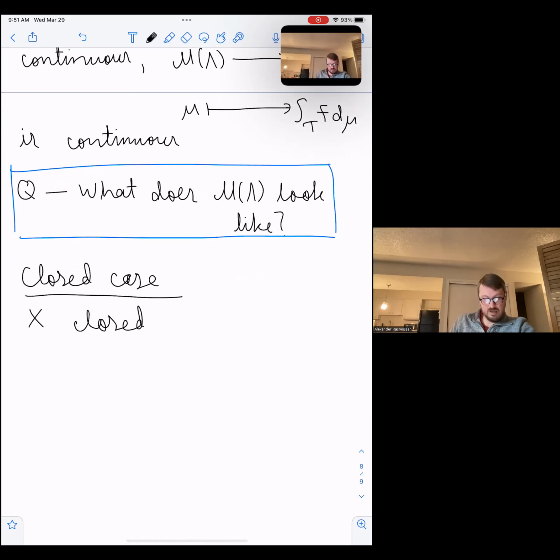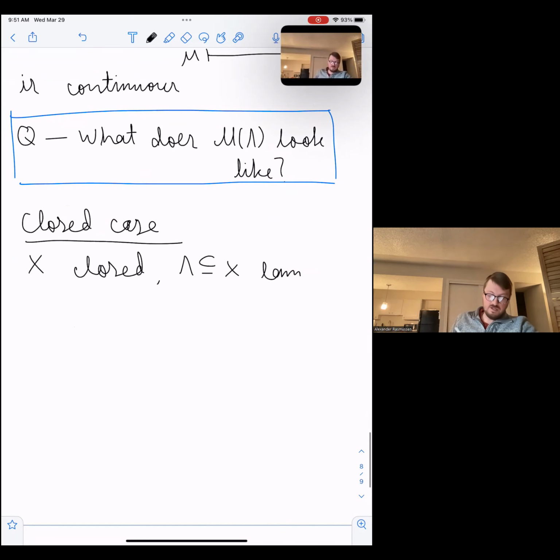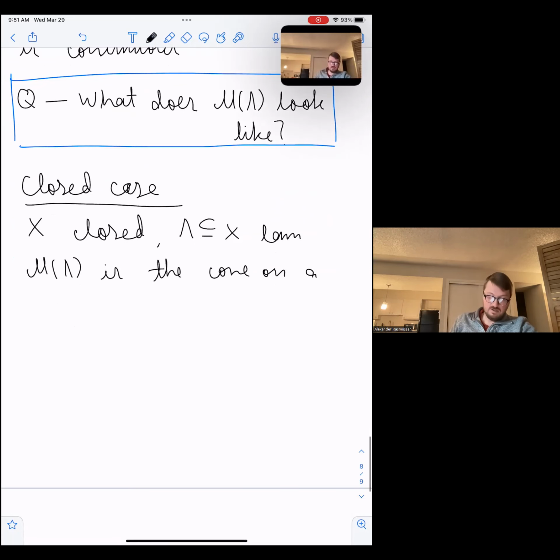So let's take X to be a closed surface for the moment. And let's take lambda to be some geodesic lamination. What does this cone of transverse measures, m of lambda, look like? Well, it has a very simple structure. It's just the cone on a finite dimensional simplex.